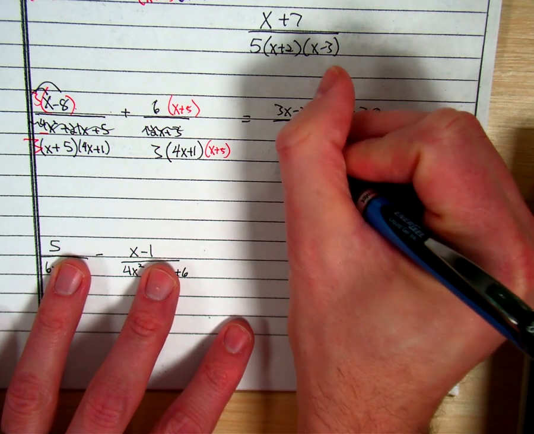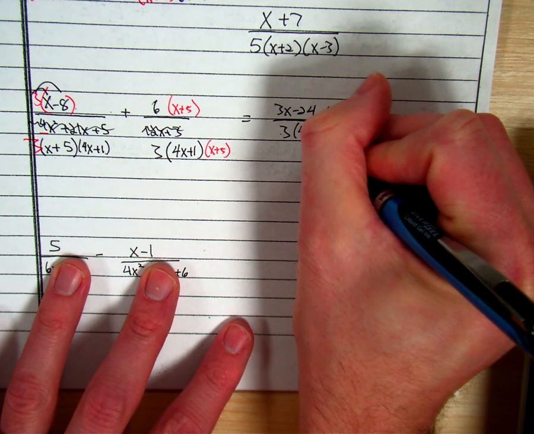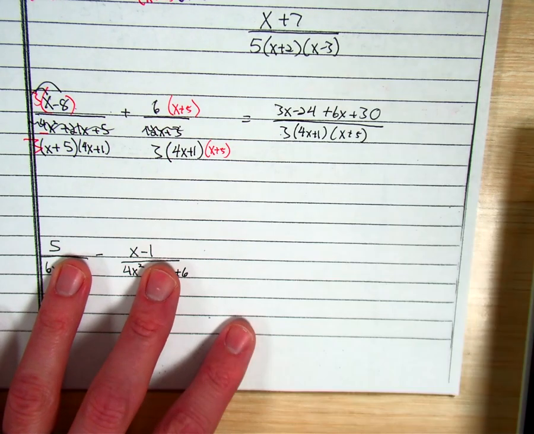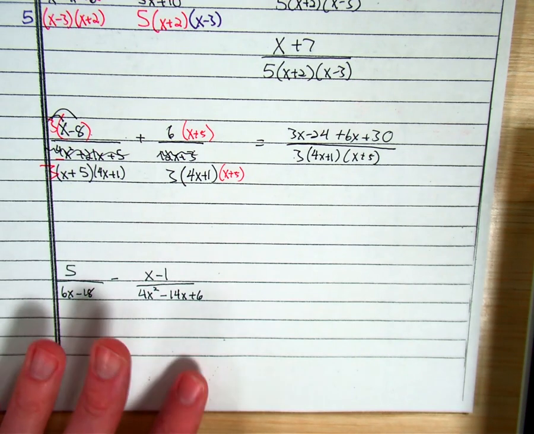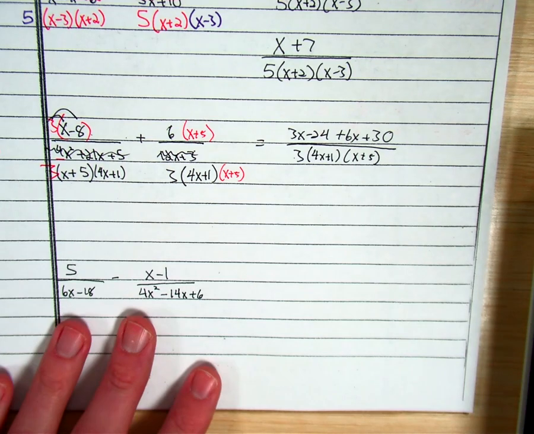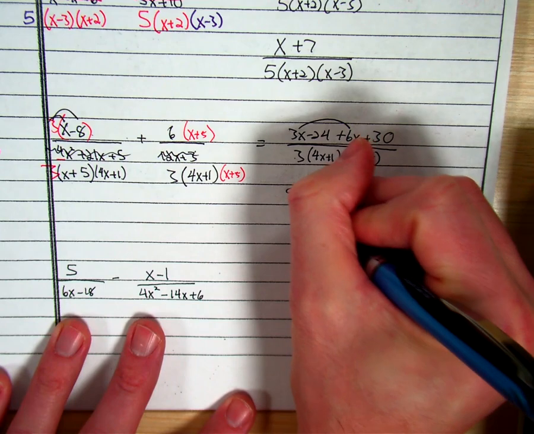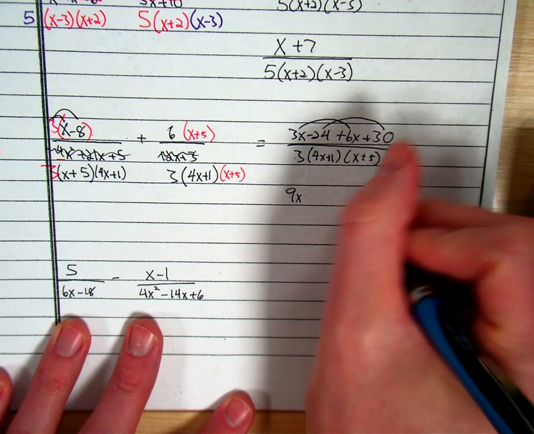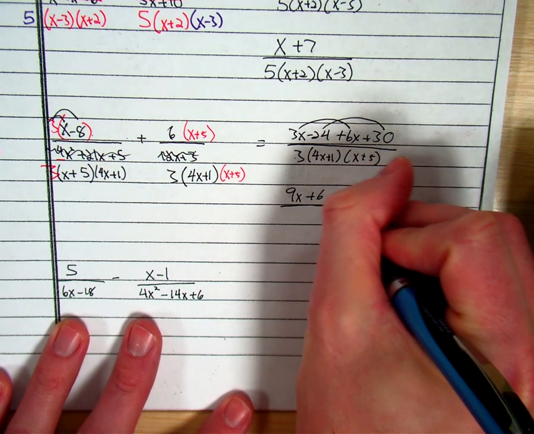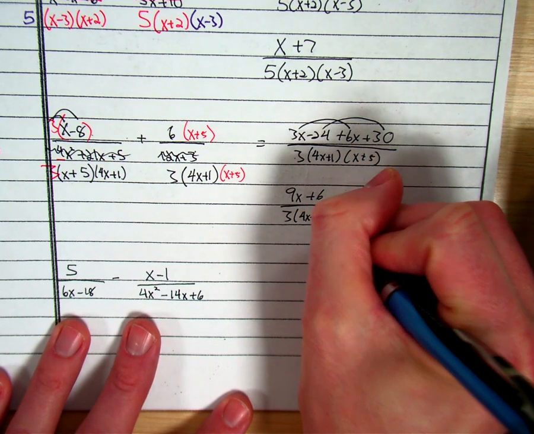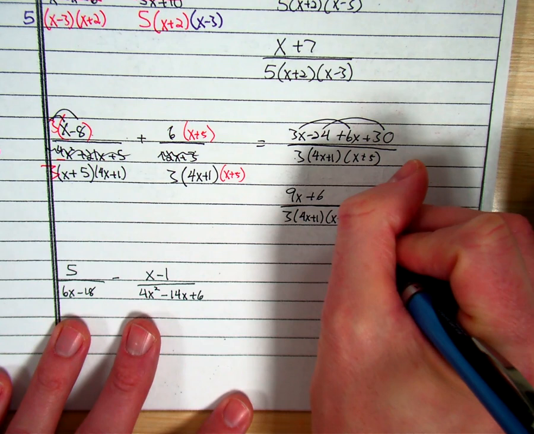And across the bottom we have our 3, 4x plus 1, x plus 5. Okay, combine our like terms. We'll have 9x plus 6 over 3, 4x plus 1, x plus 5.